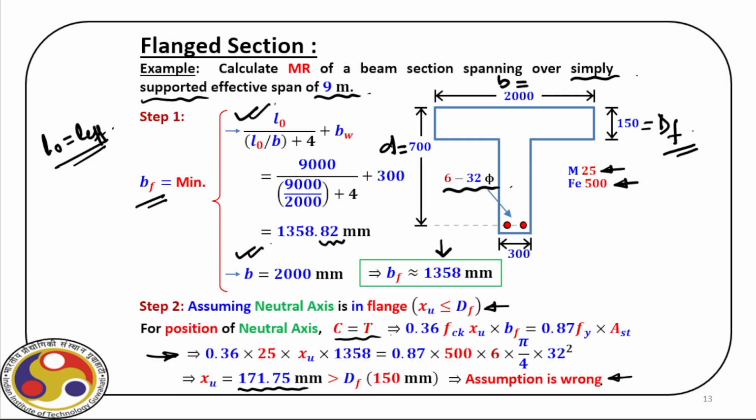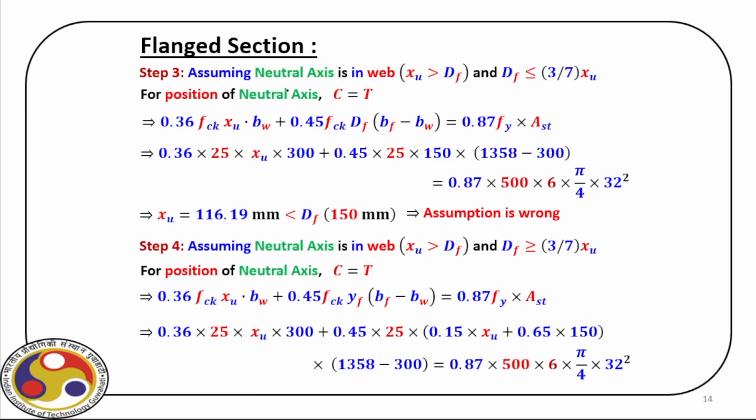So we have to modify our calculations for XU estimation. We cannot use this expression because a part of the web is taking part in bending. So we now assume the second case: XU is greater than DF and DF is less than 3/7 XU.